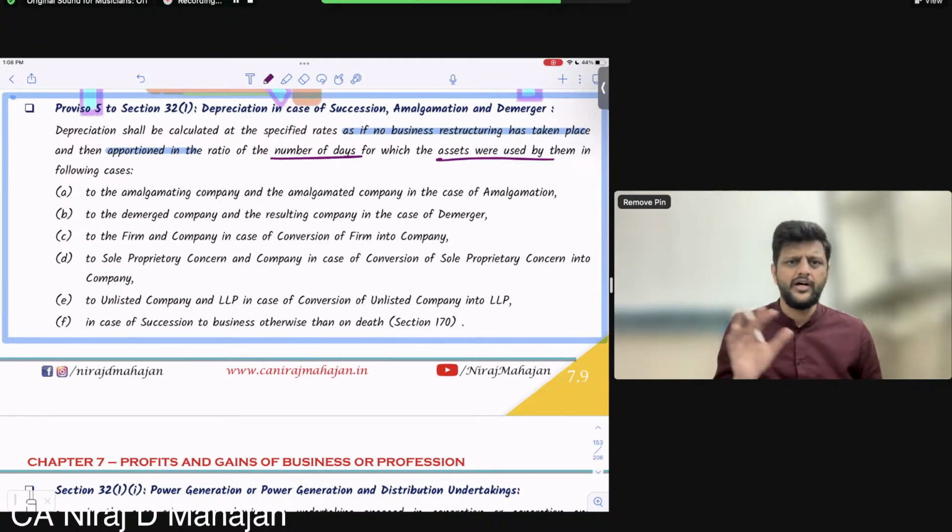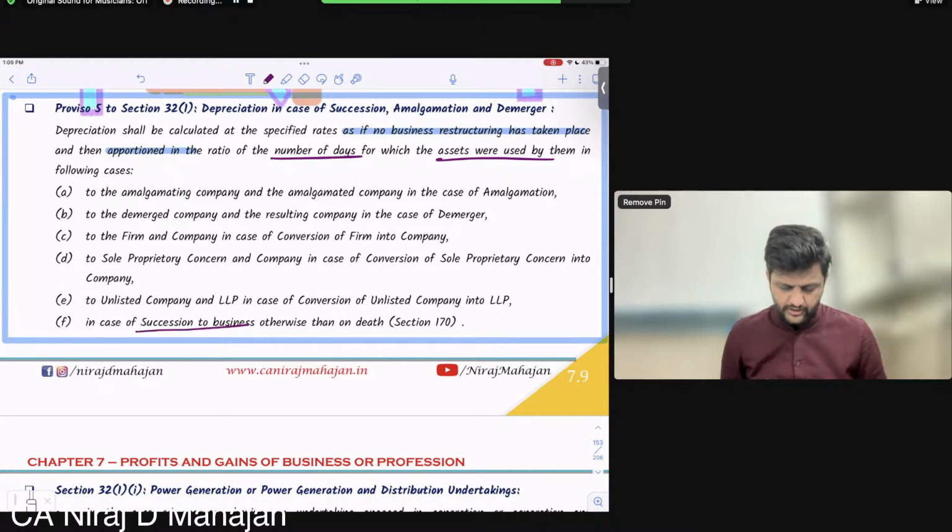Understood? Now, amalgamating company and amalgamated company, demerged and resulting company, conversion of firm into company, sole proprietor into company, same thing. An unlisted company into LLP, in case of conversion of unlisted company into LLP, and succession to business otherwise than on death.